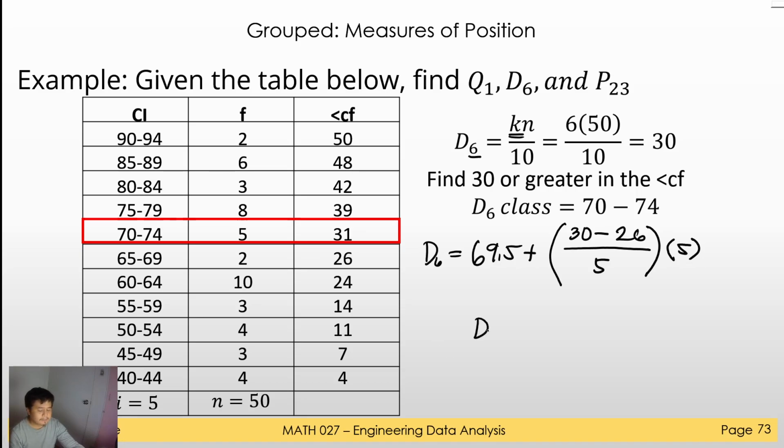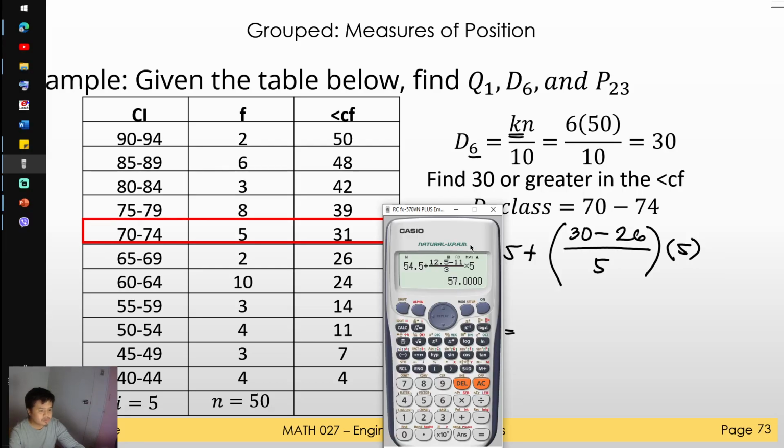So D6 is equal to 69.5 plus 30 minus 26 all over 5 times 5.